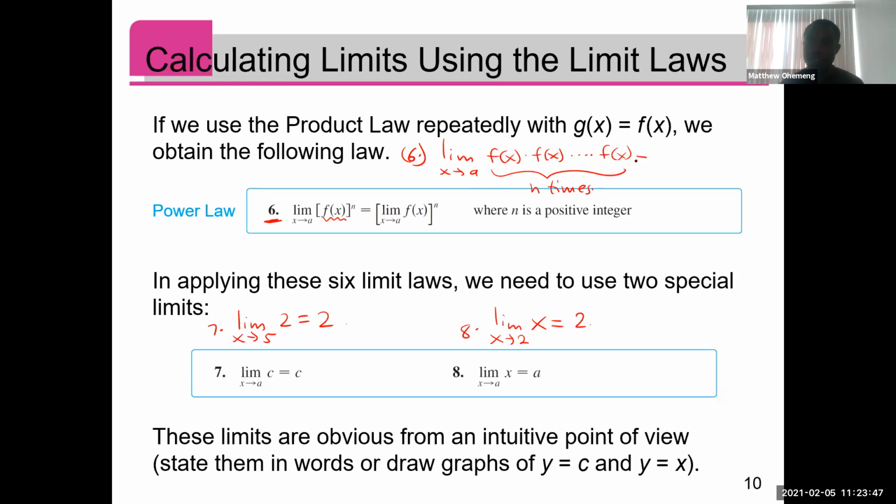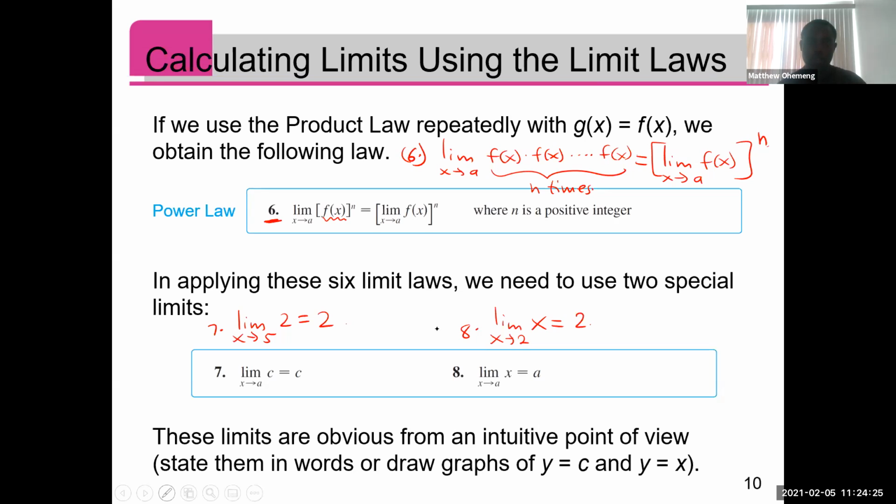So because these are multiplying, you can take the limit of each of them and then multiply all of them together. So f of x will be multiplied n times. So that's where this law is from. It's basically from the product law, but stretched, because we are looking not at the product of just 2 functions, but of several functions, in this case n functions of the same f of x. So it's just an application of the product law. That's where we get the power law.